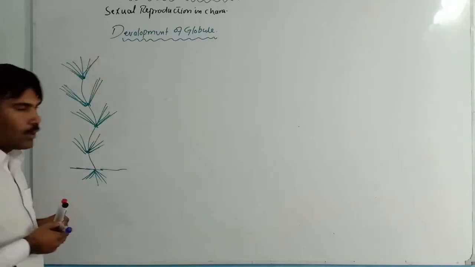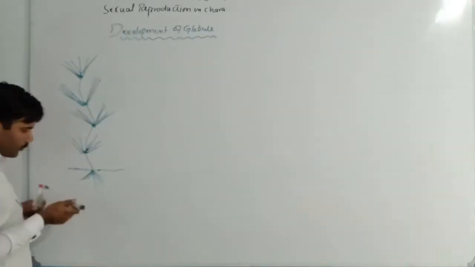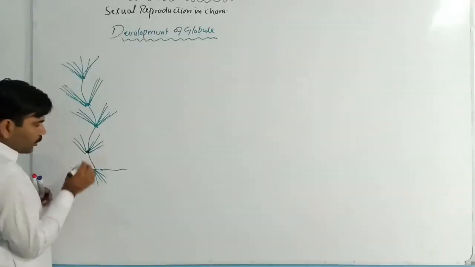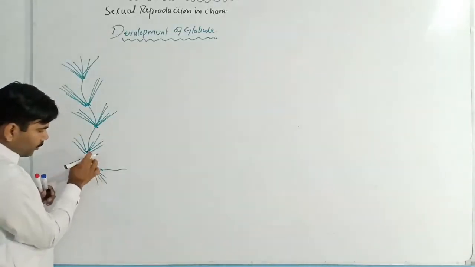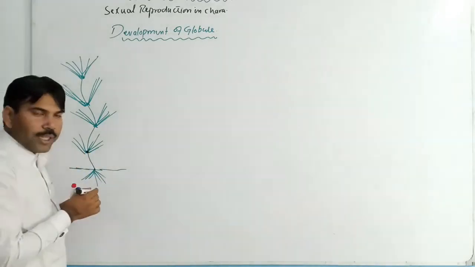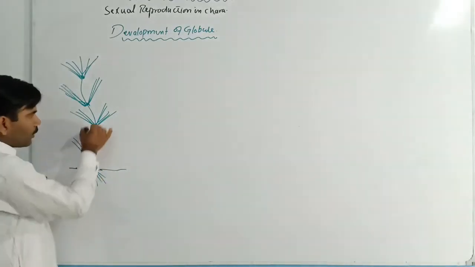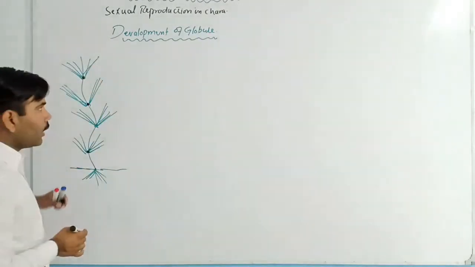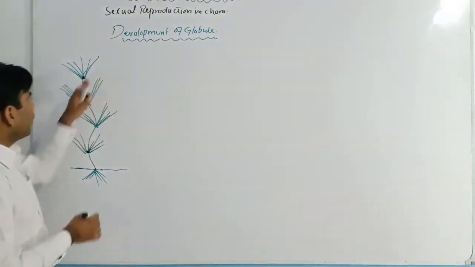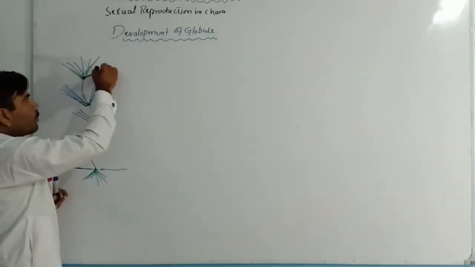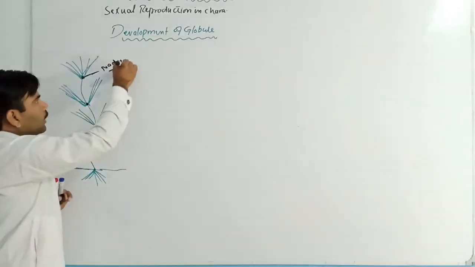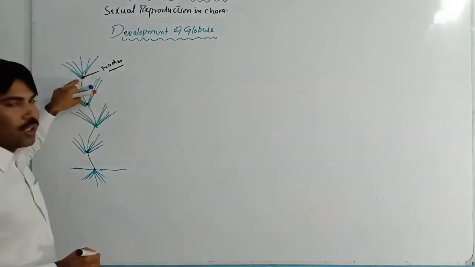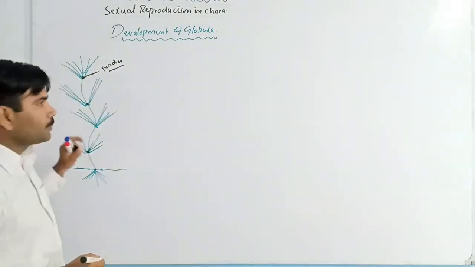We know that this portion is known as node, and this is also a node, but the distance between two nodes is known as internode. So this globule is formed at the point of such nodes. That's why we can say that globule is formed at the nodal cells or from the nodal cell.